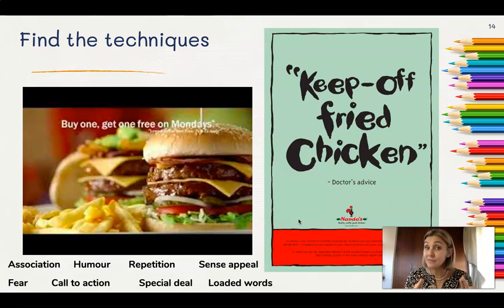So it's healthy for you if you don't eat KFC, but if you eat Nando's. So yeah, quite cheeky, but nonetheless effective. And also the loaded words, or just the way they've used their words. So not necessarily loaded, but clever in the way they've used their figurative language or just their devices there. So keep off fried chicken. Inside there is the KFC part.